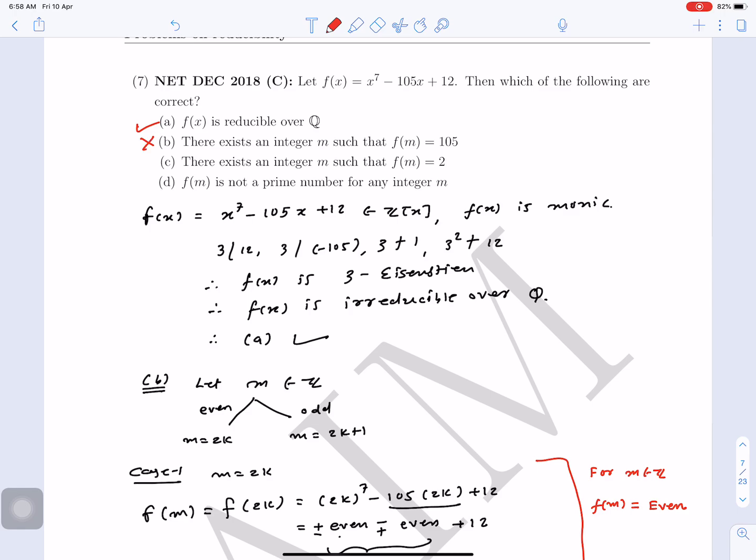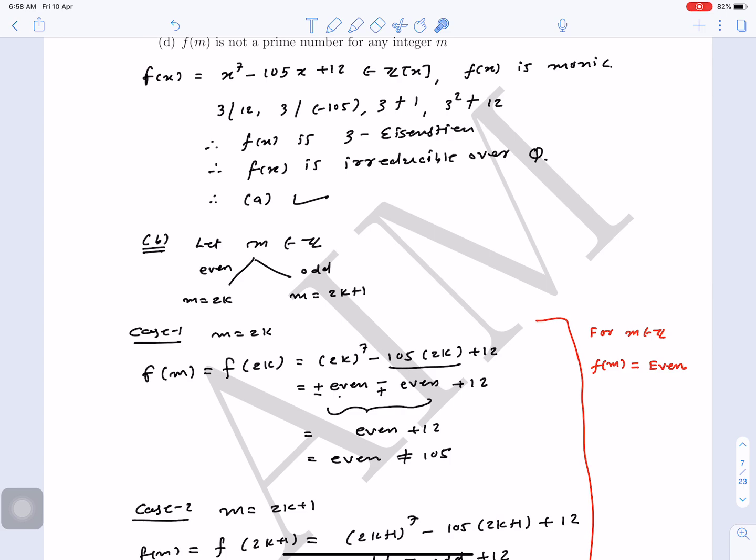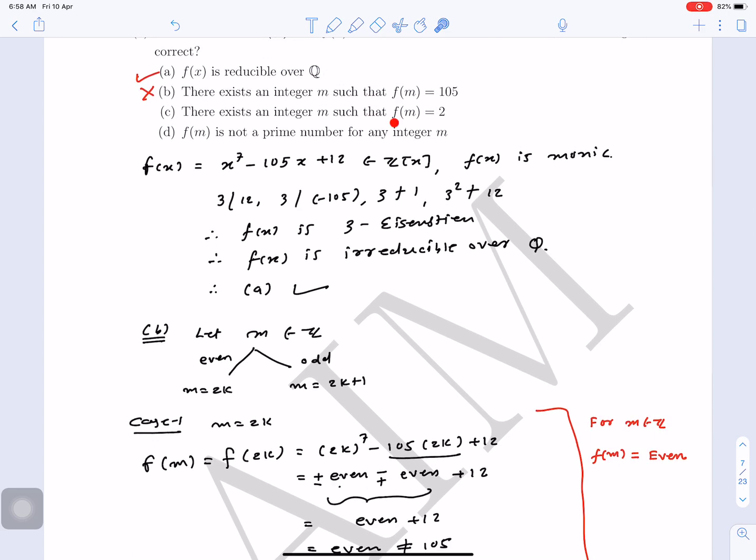Now in option C they say that there exists an integer m such that f of m is equal to 2. See, f of m is even, so chances are that f of m is 2. So let us check for which value of m f of m is 2, or such m does not exist. So we have to verify it.